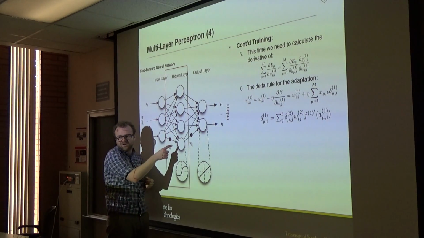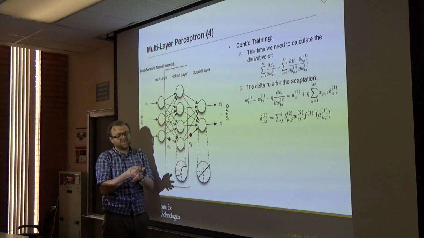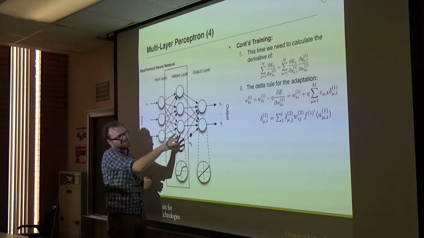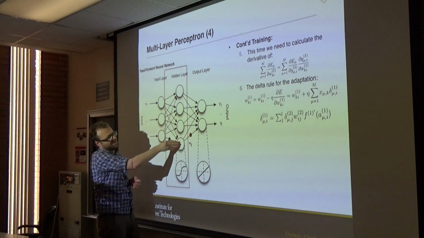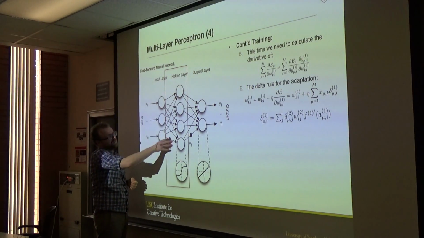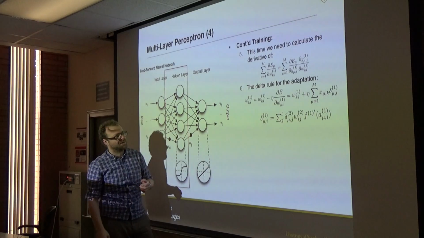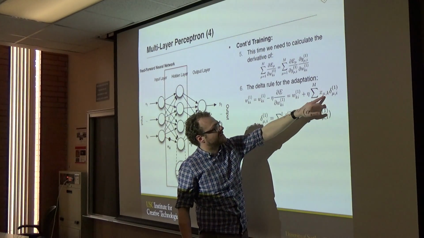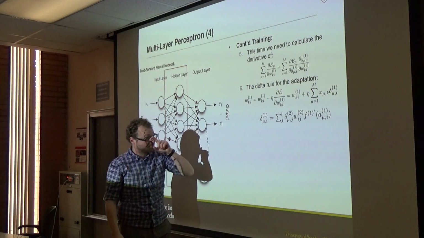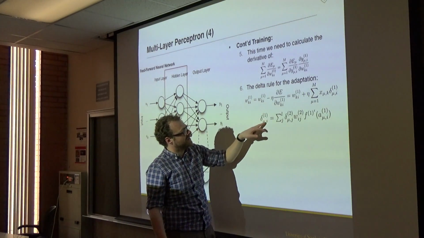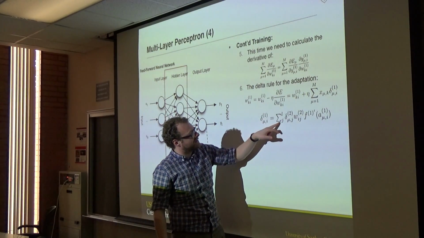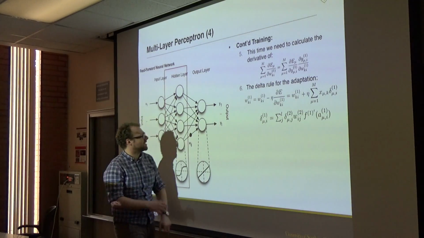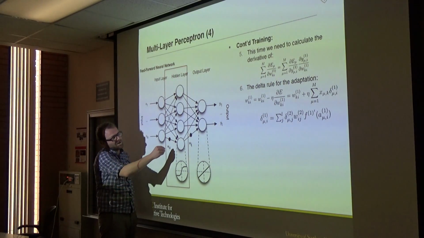So if this is a strong connection, it gets strongly punished. If it's a weak connection, it gets weakly punished. And then you know what this update will be. In this case, the update is dependent on the input and the error that this network makes.